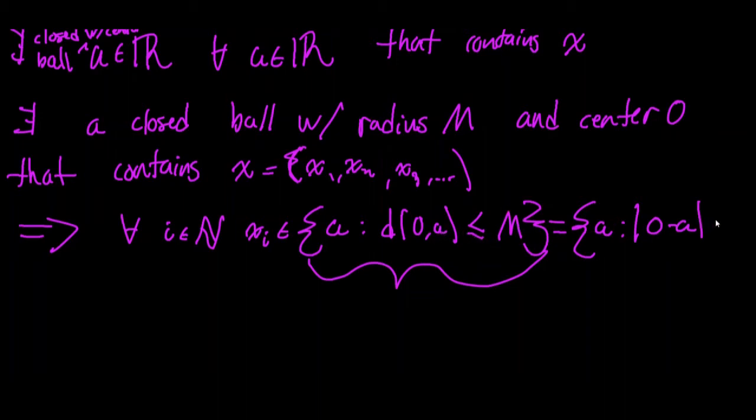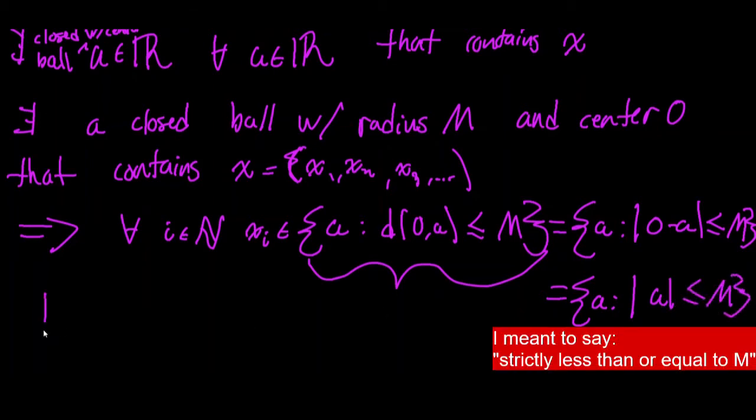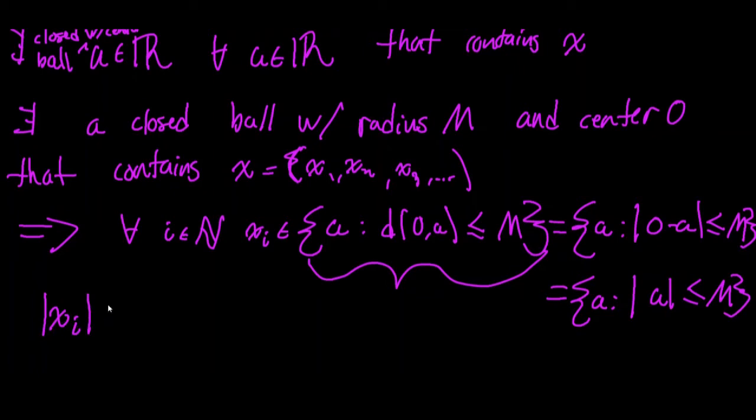So this is less than or equal to M, and this is equal to all A such that the absolute value of A is less than or equal to M. So we can say the following: the absolute value of xi is less than or equal to M for some M.